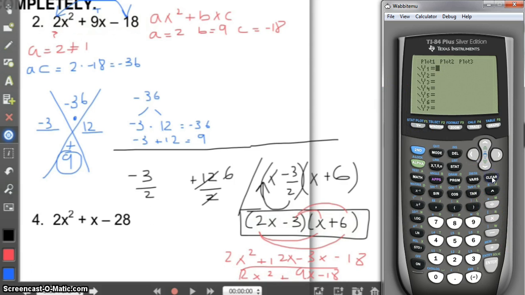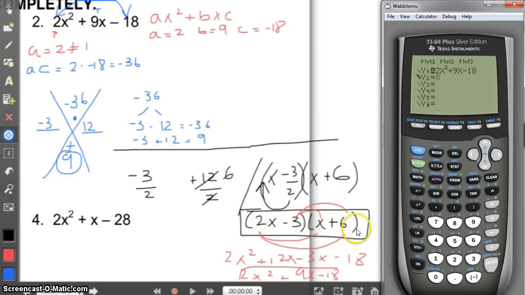So on y1, you can graph 2x squared plus 9x minus 18. This would be your y1, and on y2, go back and make it bold so it would appear as if they coincide. So they're going to be exactly the same graph.